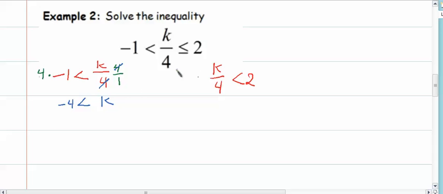And this side, again, we're going to multiply by 4 over 1. Going to multiply this side by 4. This side's cross cancel. We just have k left on this side. 2 times 4 is 8. And we're going to put the word "and" in between.